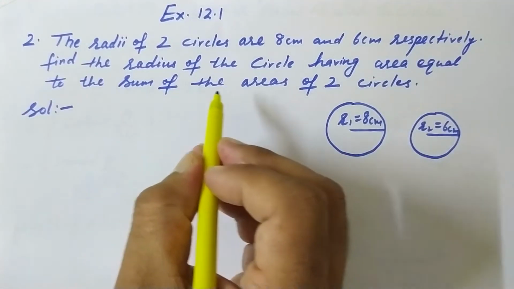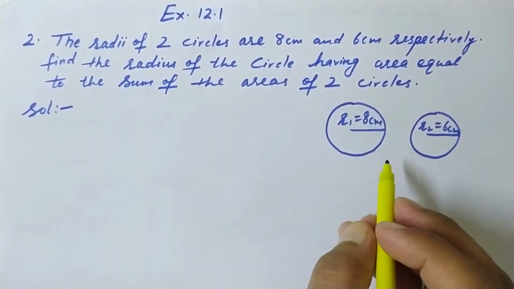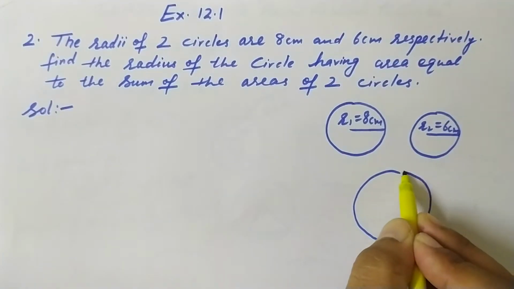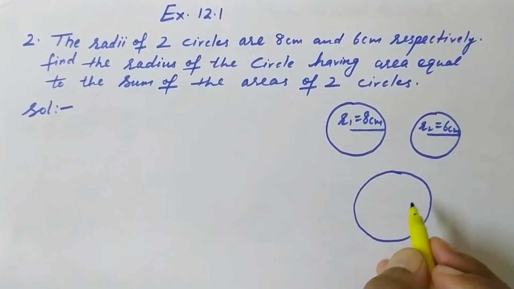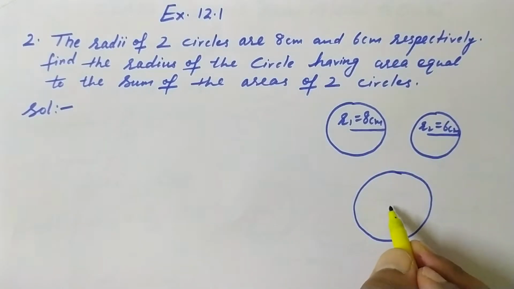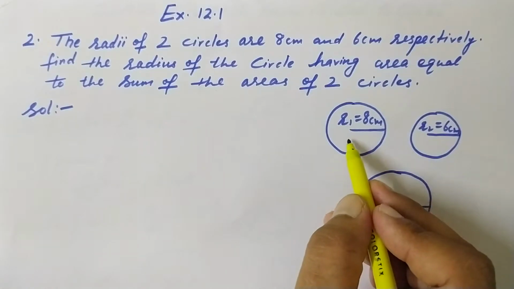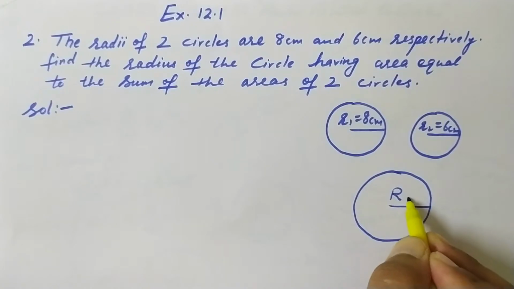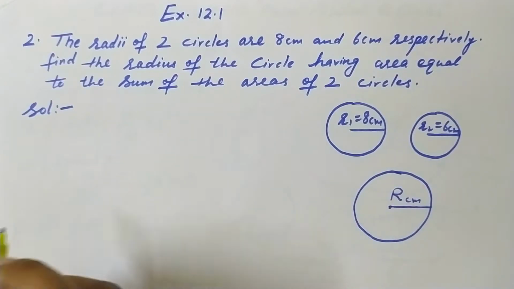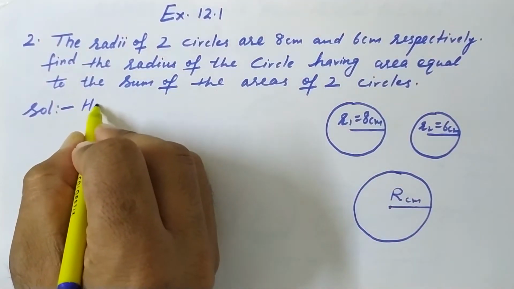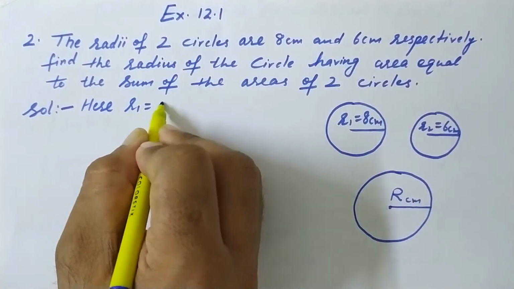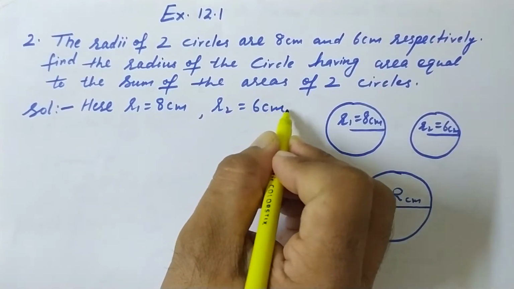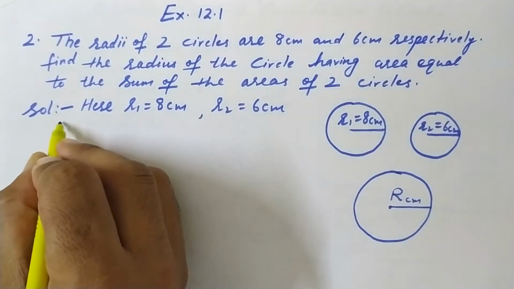So we need to find the radius of the circle whose area will be equal to the sum of the areas of these two given circles. Suppose this is the required circle whose area is equal to the area of the first circle plus the area of the second circle. Suppose its radius is R centimeter. Here R1 is 8 centimeter, R2 is 6 centimeter.